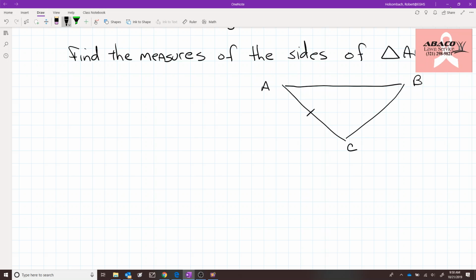And you've got tick marks on side AB or AC and CB, so they're congruent to each other. Side AC is 4x plus 1. Side CB is 5x minus 0.5. And side AB is 9x minus 1.